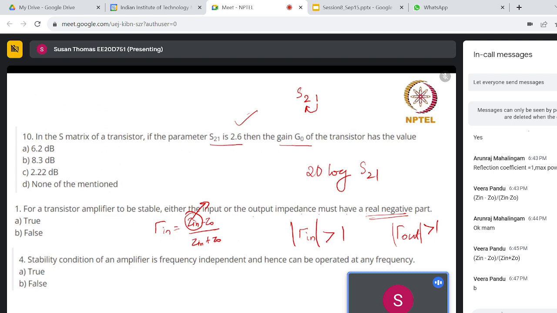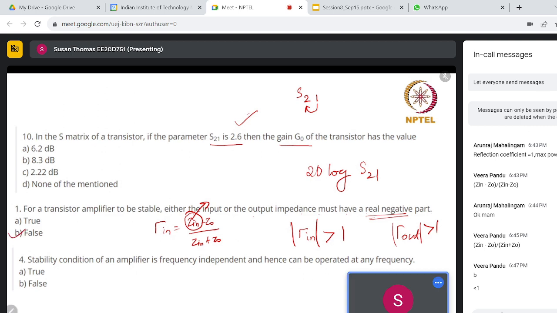So what is the condition for stability in case of a transistor amplifier? Mod gamma in should be less than 1 or greater than 1? Less than 1. Yes. So this is false. Okay, so let's go to the next question.